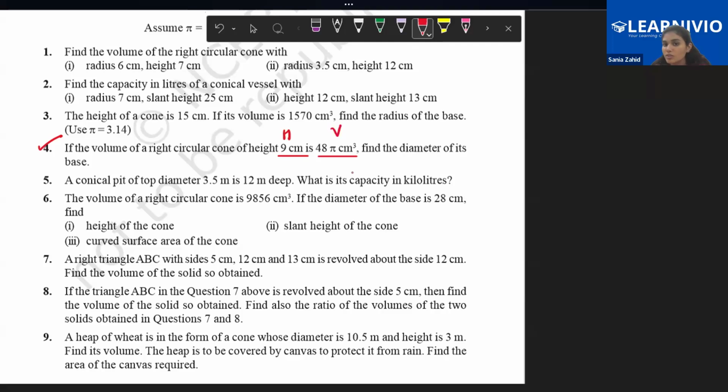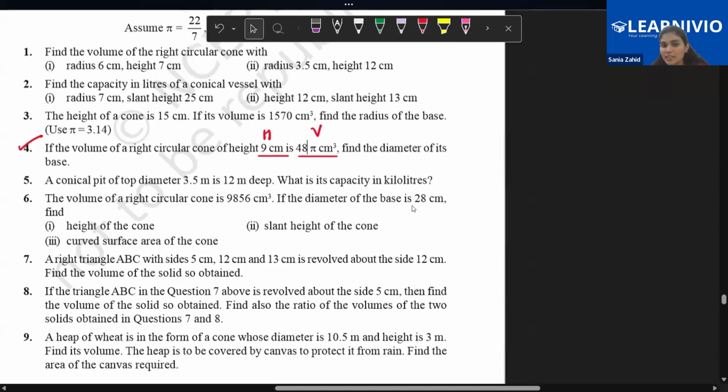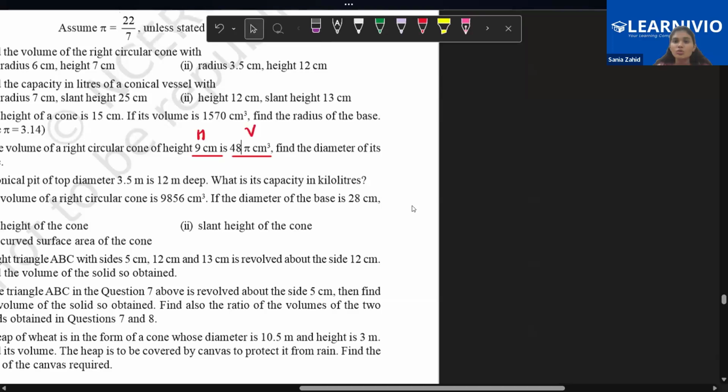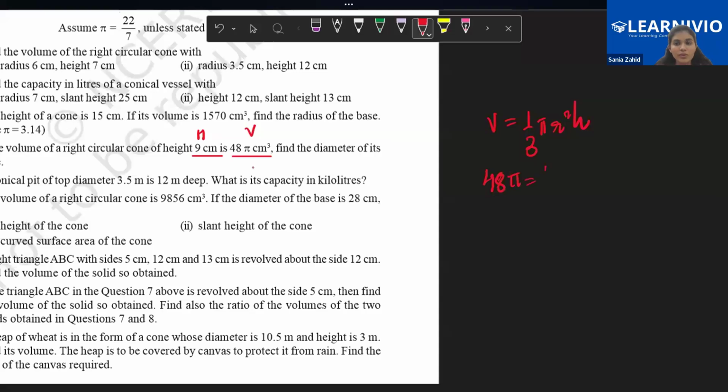Because cube is always in the case of volume only, right? Find the diameter of the base. So to find the diameter, you will first find the radius. We know volume is equal to 1 by 3 pi r square h. Volume is 48 pi, equal to 1 by 3 pi r square, r square I don't know, into h. h is 9.